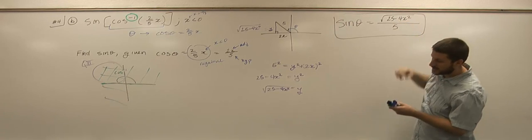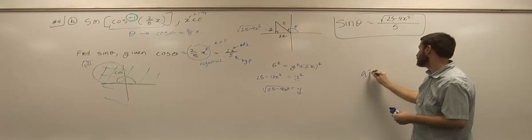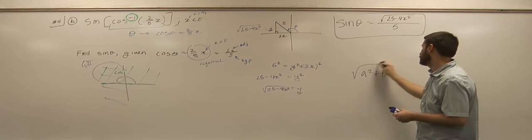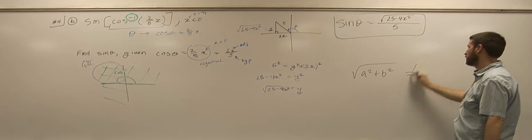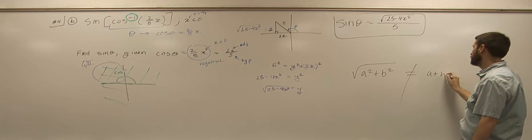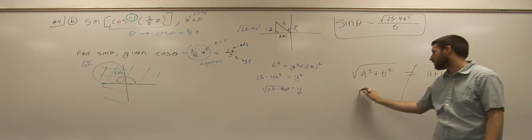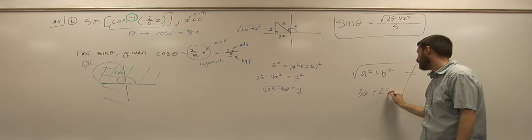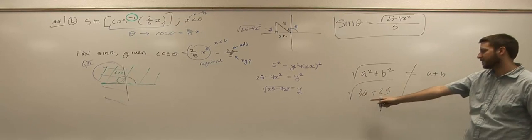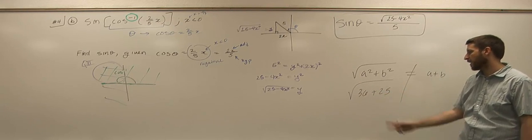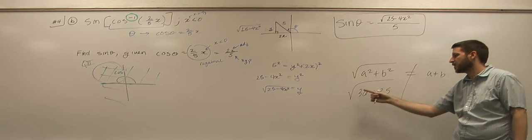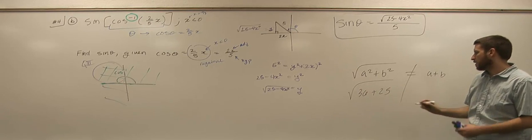If it's plus or minus, the square root of a squared plus b squared is never equal to a plus b. If you take 36 plus 25 and you square root it, it's not going to be 11. It's not going to be 6 plus 5. You're going to have to actually add these up first and then take the root.